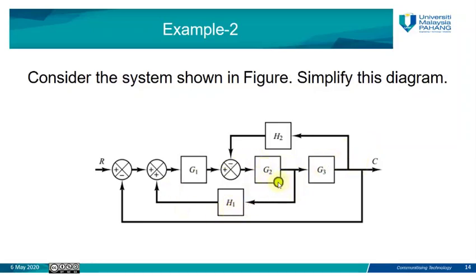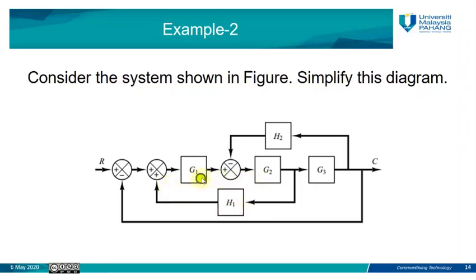So we can check, are G2 and G3 in cascade? No, because we have a pickup point here, so we cannot say G2 is in cascade with G3. Okay, are G1 and G2 in cascade? Also no, because we have a summing junction between these two blocks. Does G1 with H1 represent a feedback?